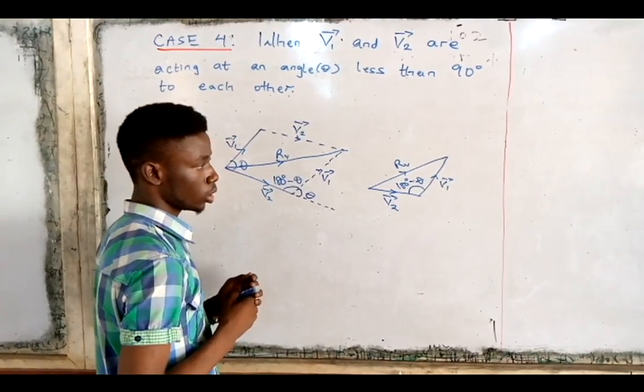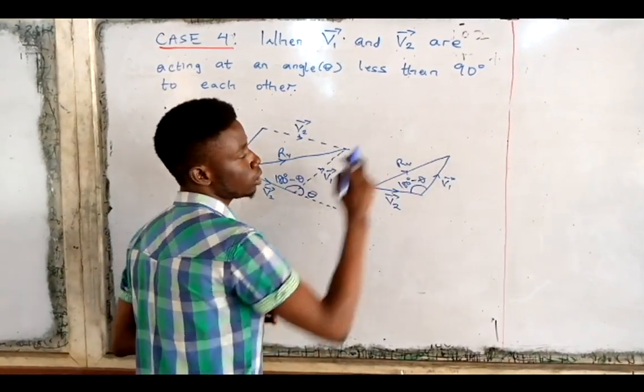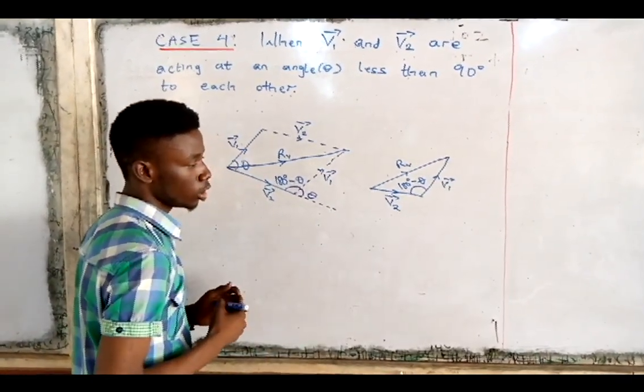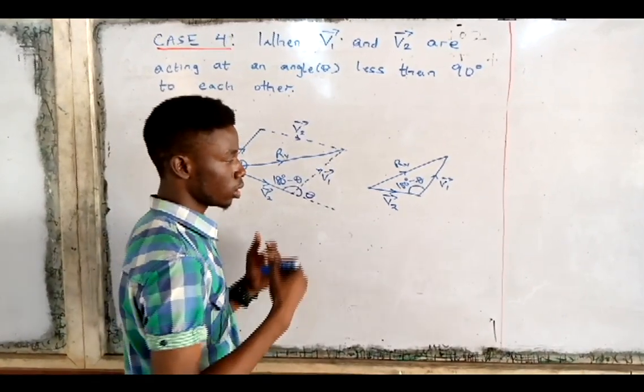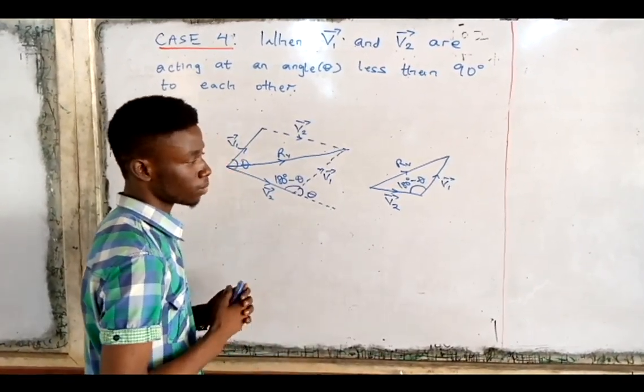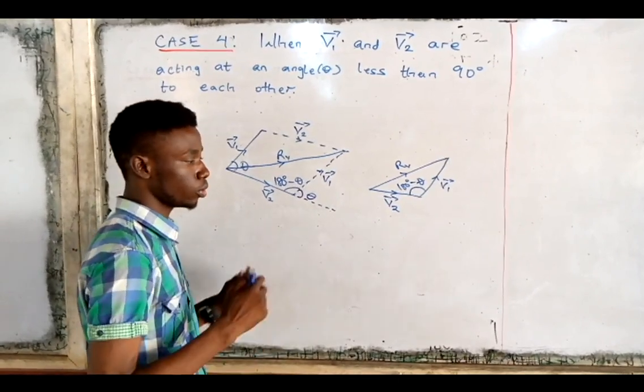Now, to compute the magnitude of the resultant vector, we make use of this common formula that we know in mathematics, which is known as the cosine rule.